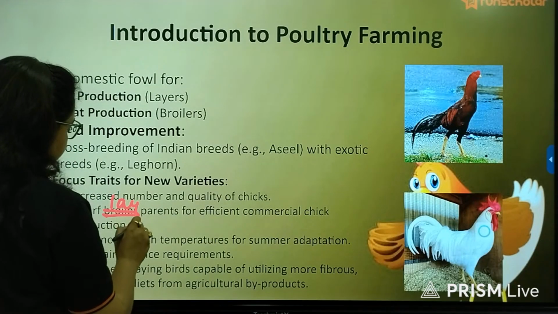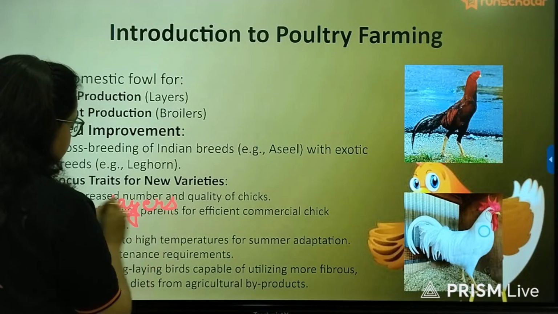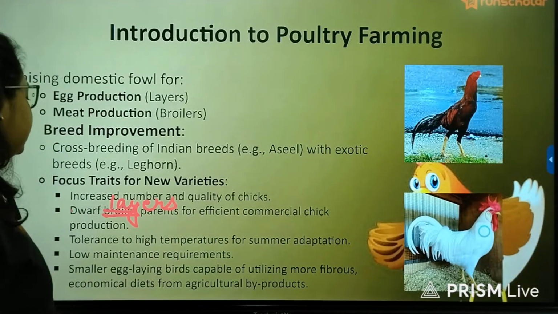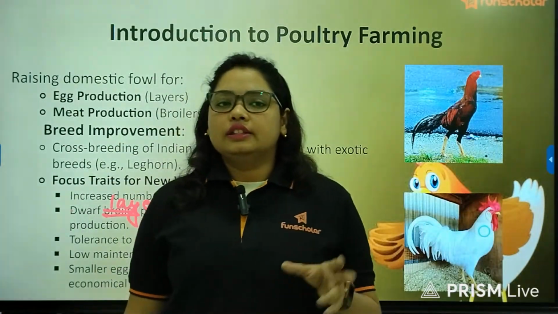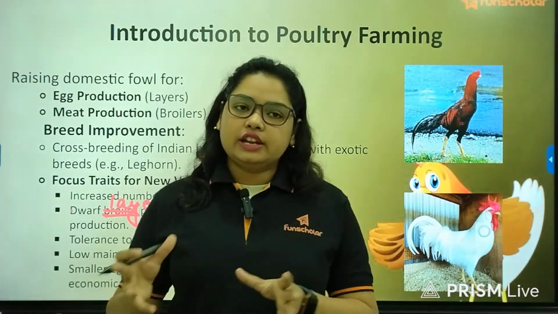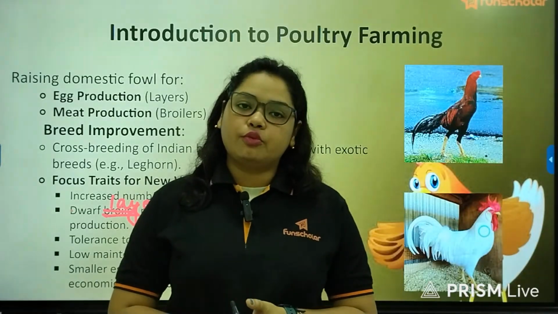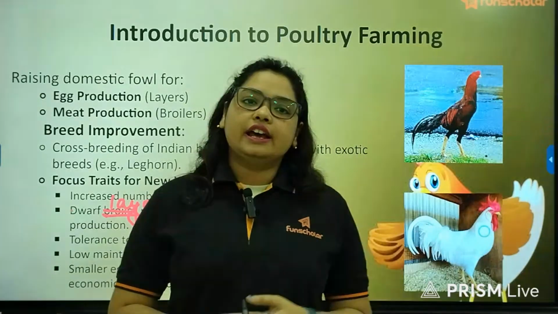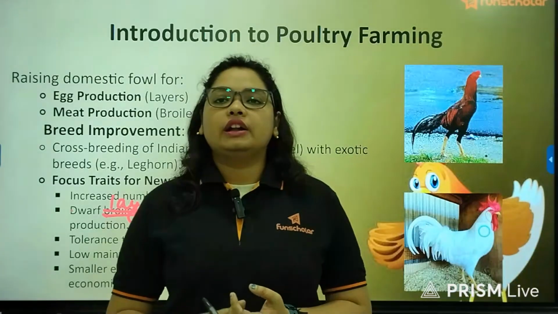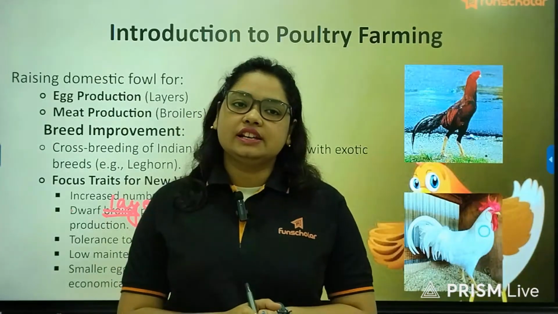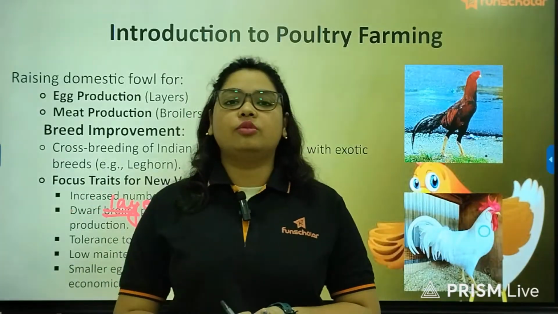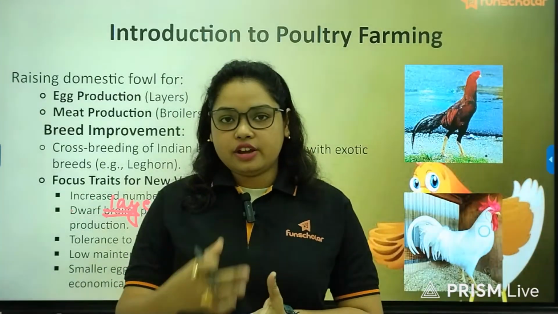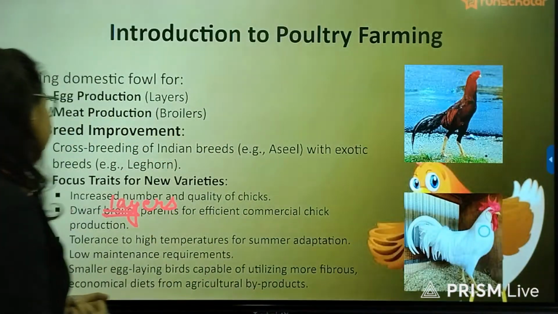This will be dwarf layers, because we are raising them for egg production. If the body is huge, then more maintenance will be required for that. The feed will be required more. But if the body size is less, we only need to focus on the quality of the fowl, so that egg quality is of high grade.